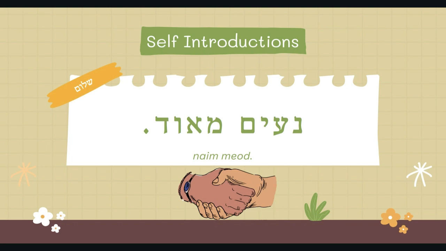We also heard Tova and Ruben say Naim meod. Naim meod is a simple way to say nice to meet you, but it means very pleasant. So after you finish introducing yourself to somebody, you could say Naim meod.